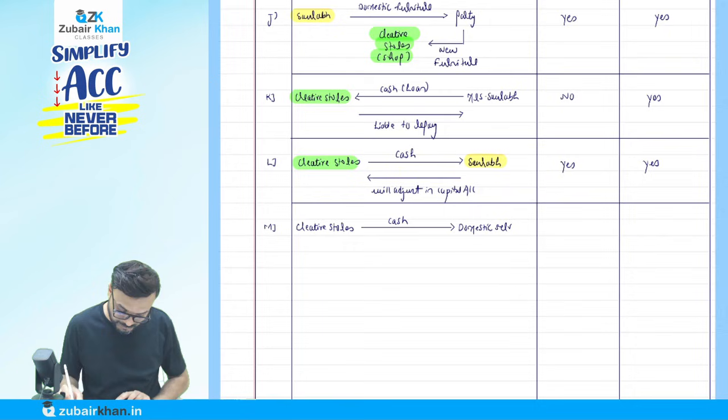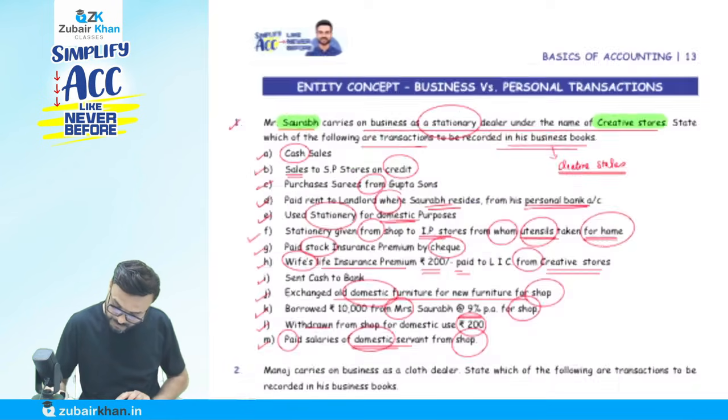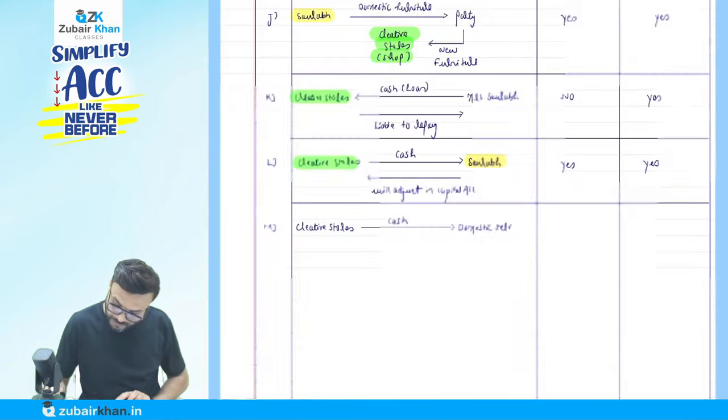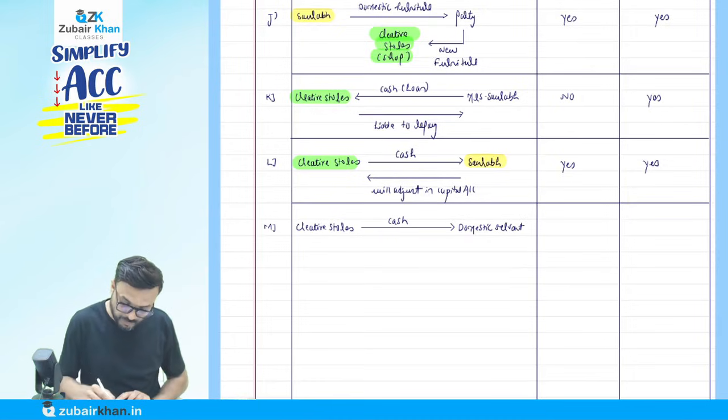And this domestic servant is going to provide services not to the business, but to Saurabh. They are giving the benefit to Saurabh.